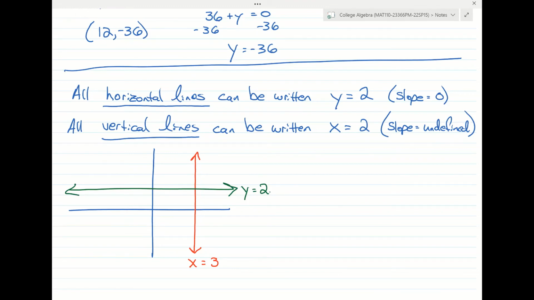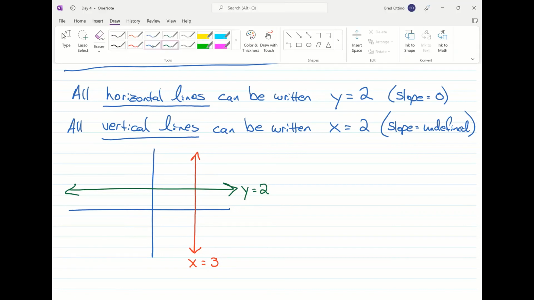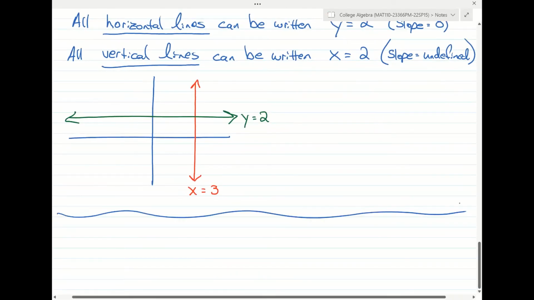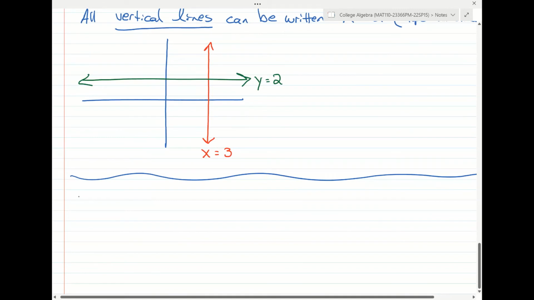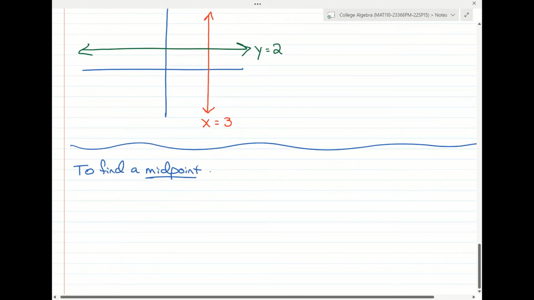I wanted to finish off this section by talking about something called midpoint. To find a midpoint, we take the average of the x and y values.